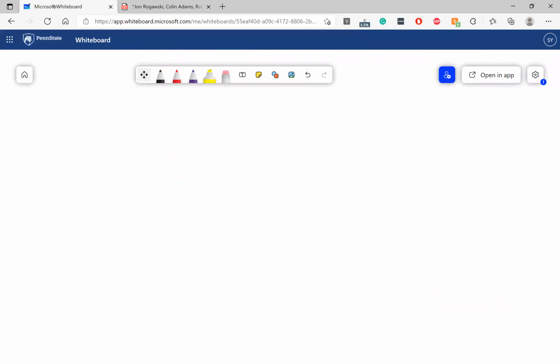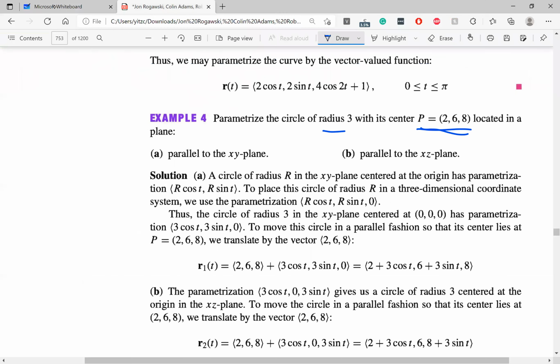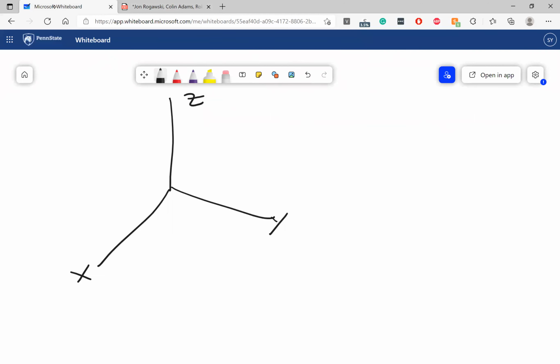If this is my coordinate axes X, Y, and Z, we want to go to the point 2, 6, 8. Let's say it's this point over here. So this is my center P. And we want a circle that's parallel to the XY plane.